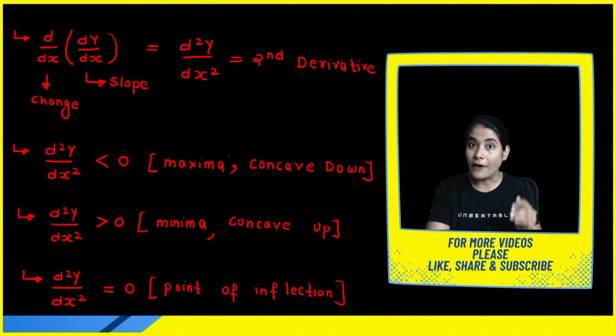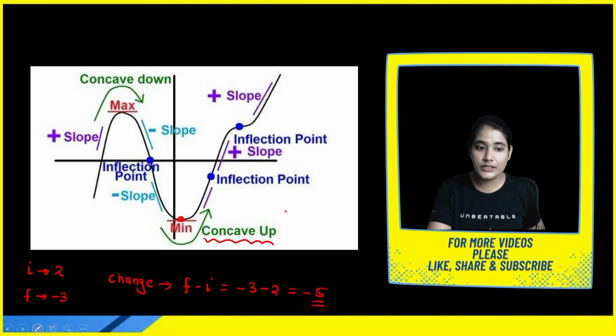No. You have to consider double derivative equal to 0, and along with this you have to check whether concavity is changing or not. Before this point you must have concave down, and after this point concave up. Or, for this other point of inflection, before this point you get concave up, after this point concave down.